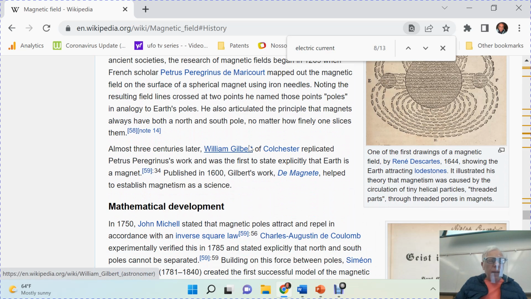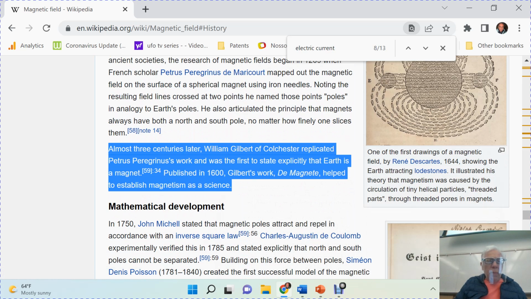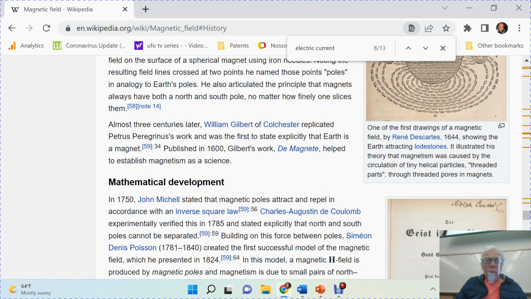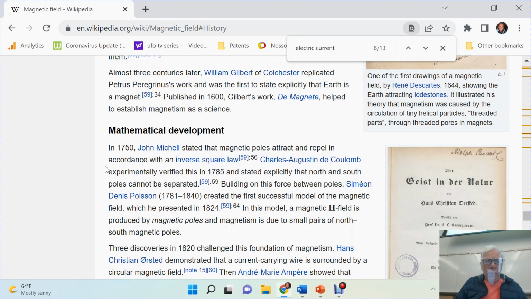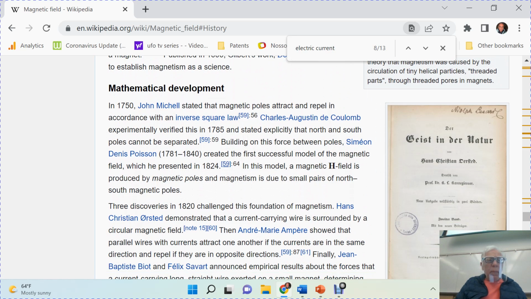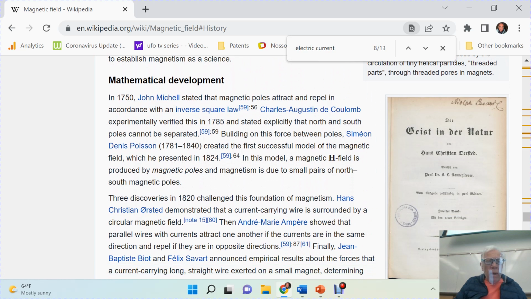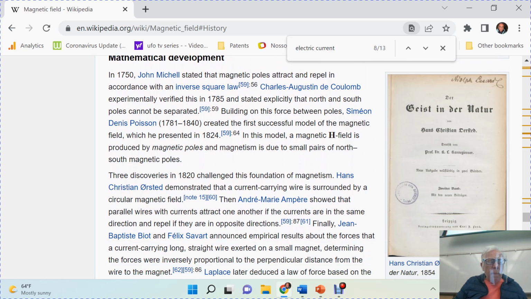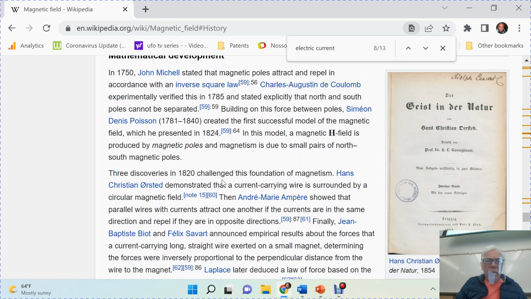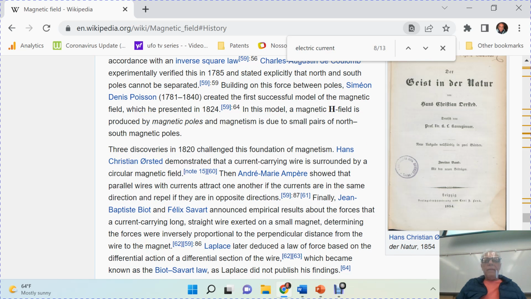Gilbert replicated Peregrinus' work. Charles Coulomb finally verified that the magnetic poles attract and repel. But then three discoveries challenged the foundation of magnetic field. Hans Christian Ørsted demonstrated that a current carrying wire is surrounded by circular magnetic fields.